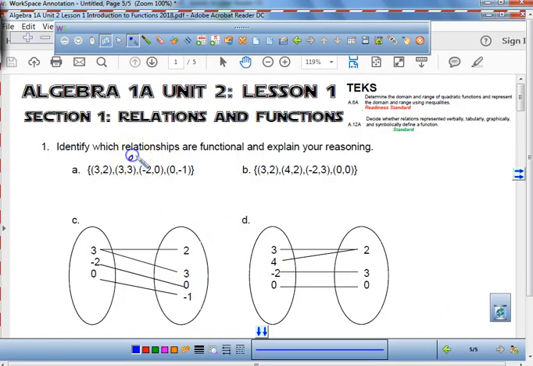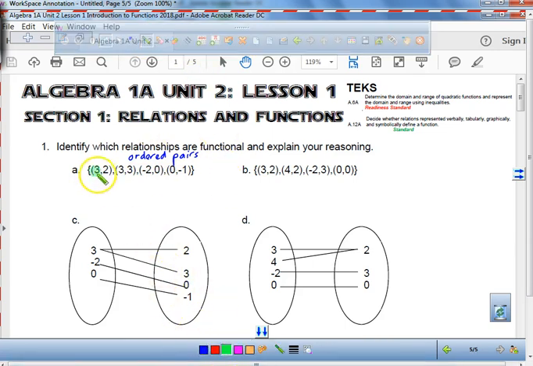Now, everybody, for number 1, these are called ordered pairs. So A and B are sets of ordered pairs. You see this bracket right here? That's just a set bracket. This is a set of ordered pairs. Now, what I want you to look for in this one is if you see any x values that are repeating.